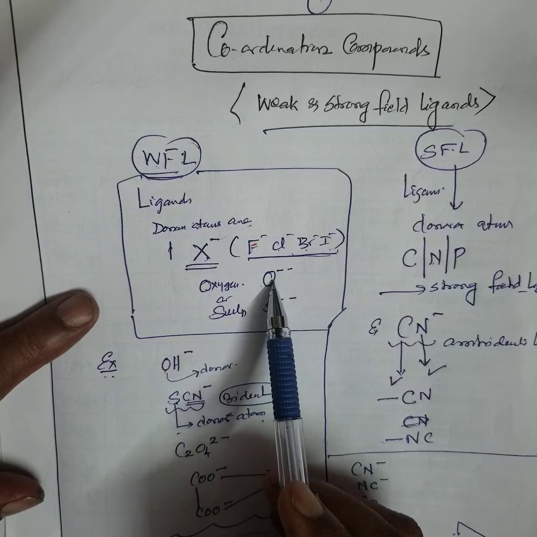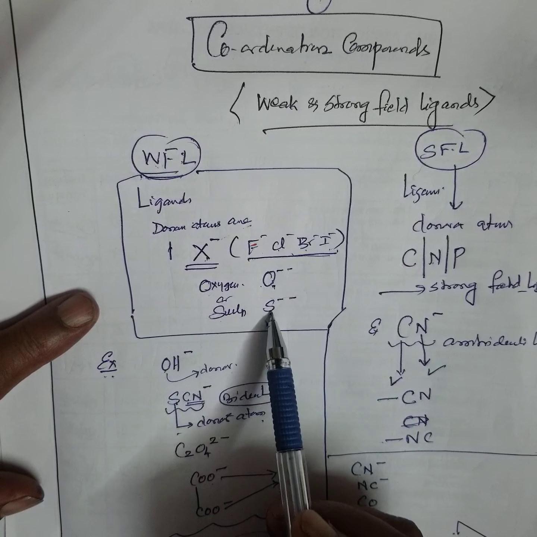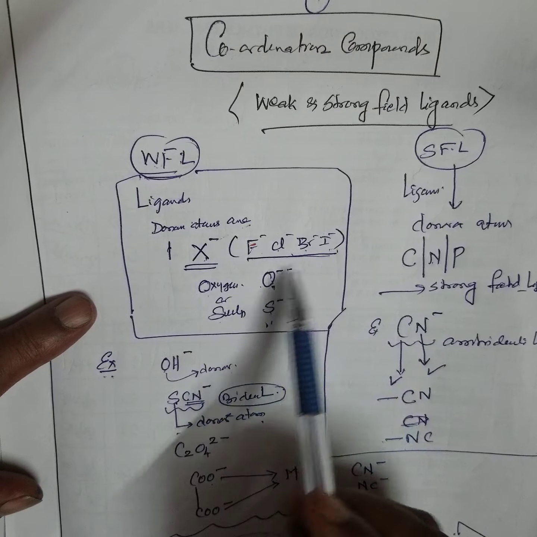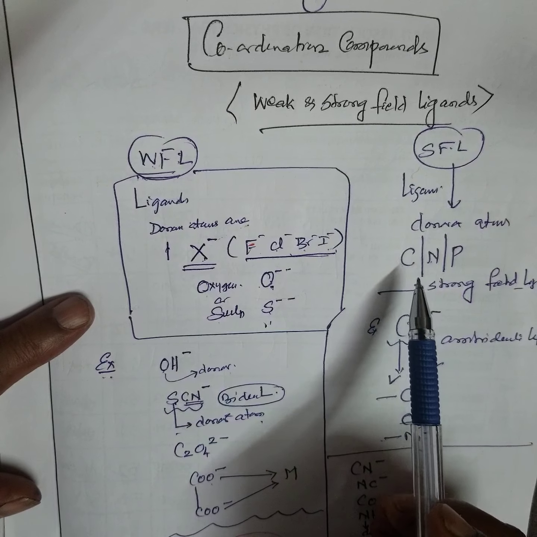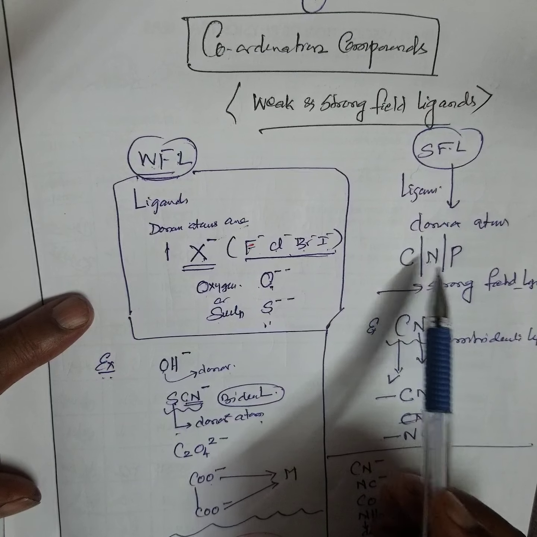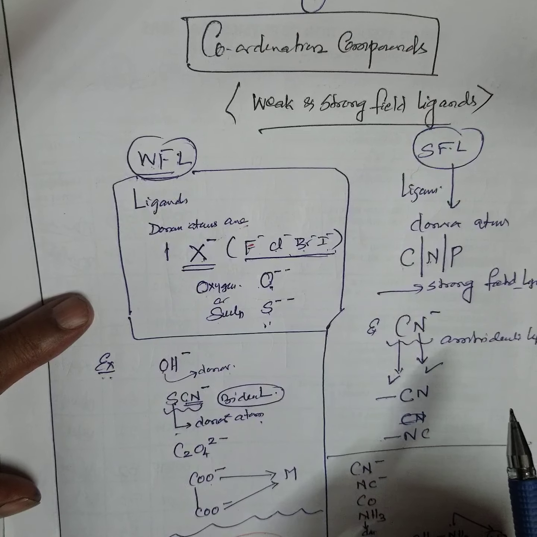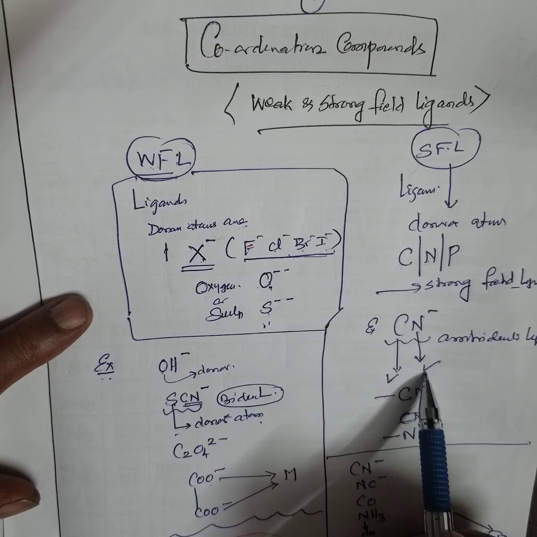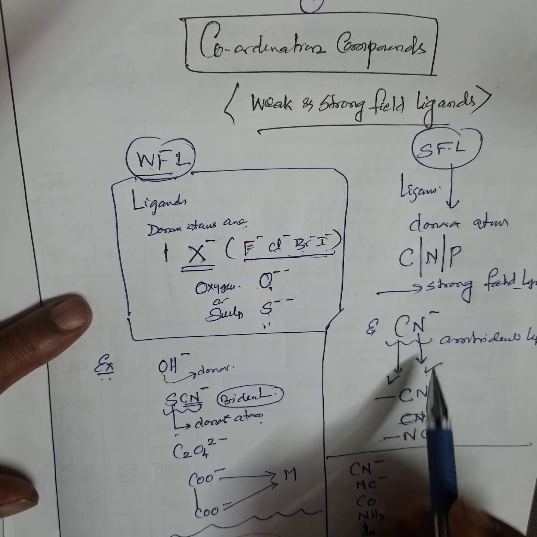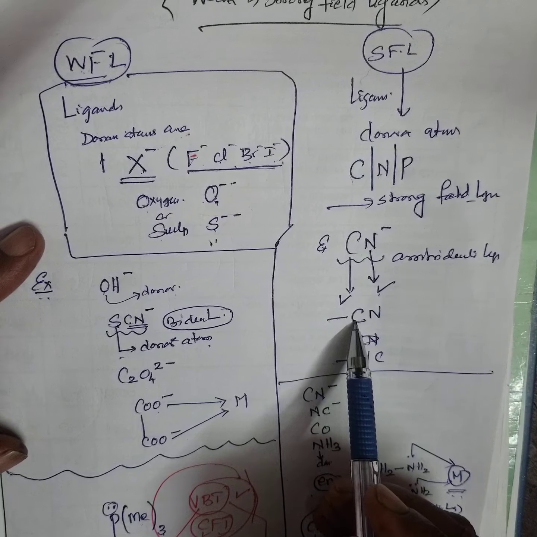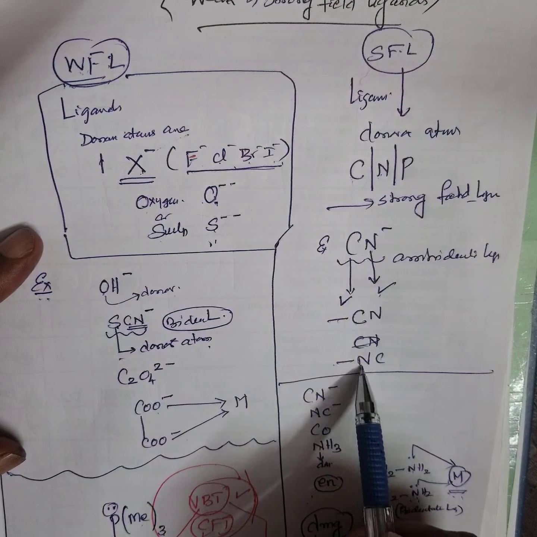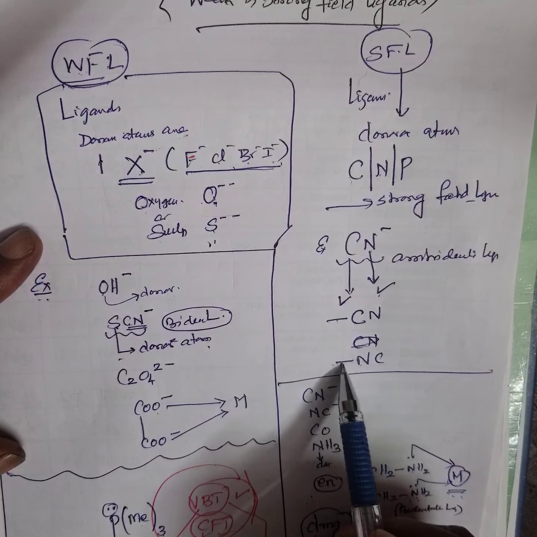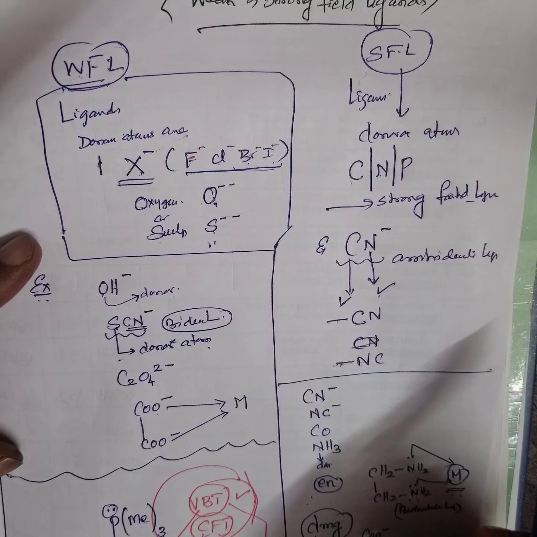Oxygen is also a weak field ligand, sulfur also, and the strong field ligands are carbon, nitrogen and phosphorus. Here carbon is the donor, here nitrogen is the donor. Which comes first is important.